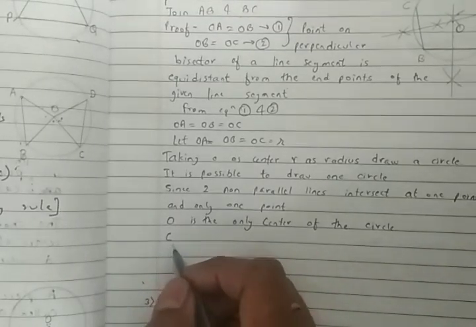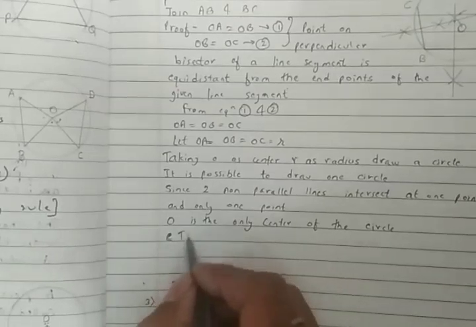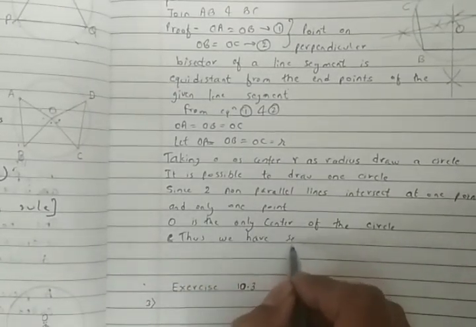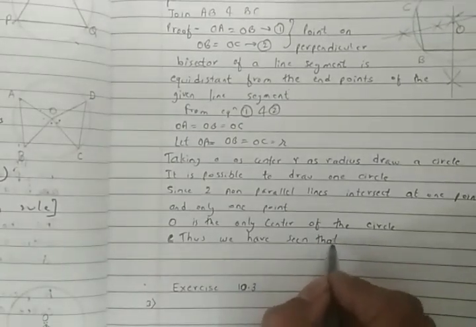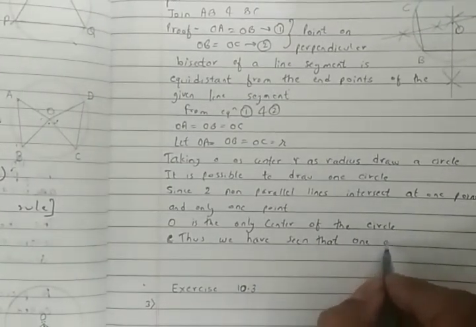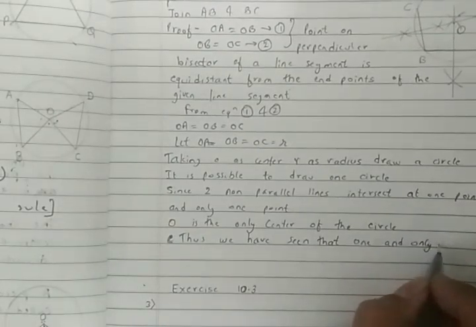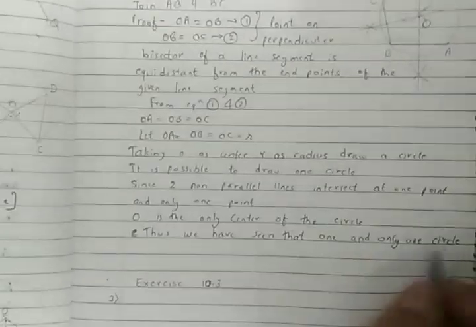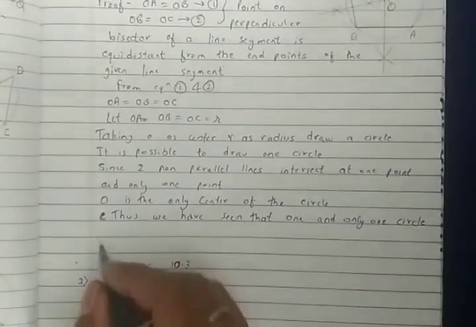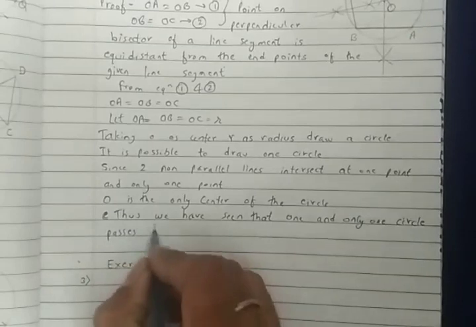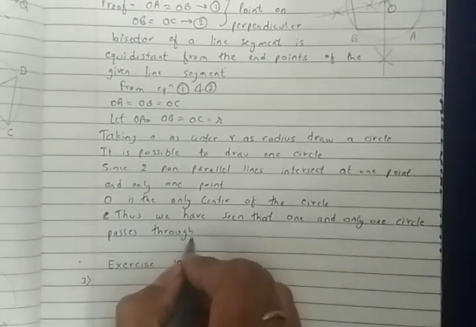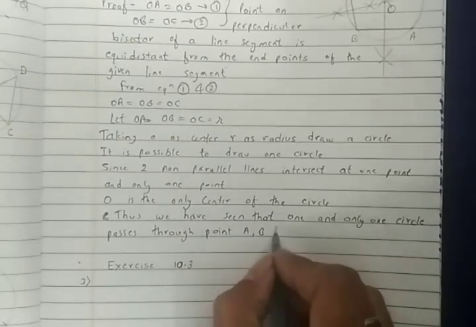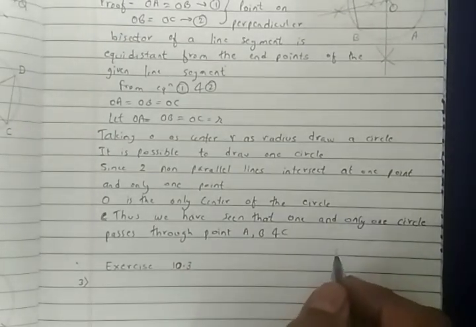Now you can write down, thus we have seen that one and only one circle passes through point A, B and C.